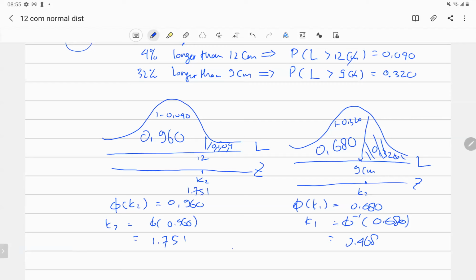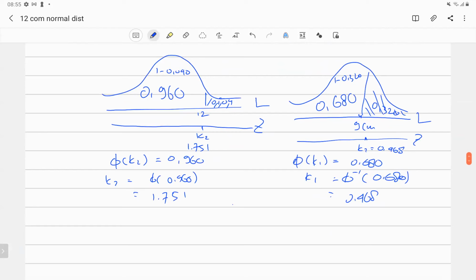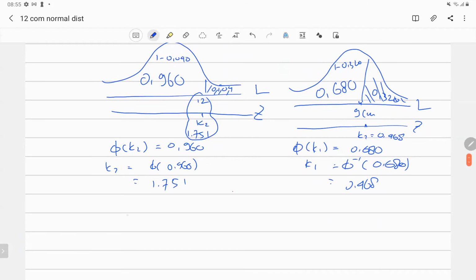And for the second number, this happens to be 0.468. Now, with those two numbers, we can find the connection between the Z and L here. We know that Z is, in this case, going to be L minus mu over sigma.